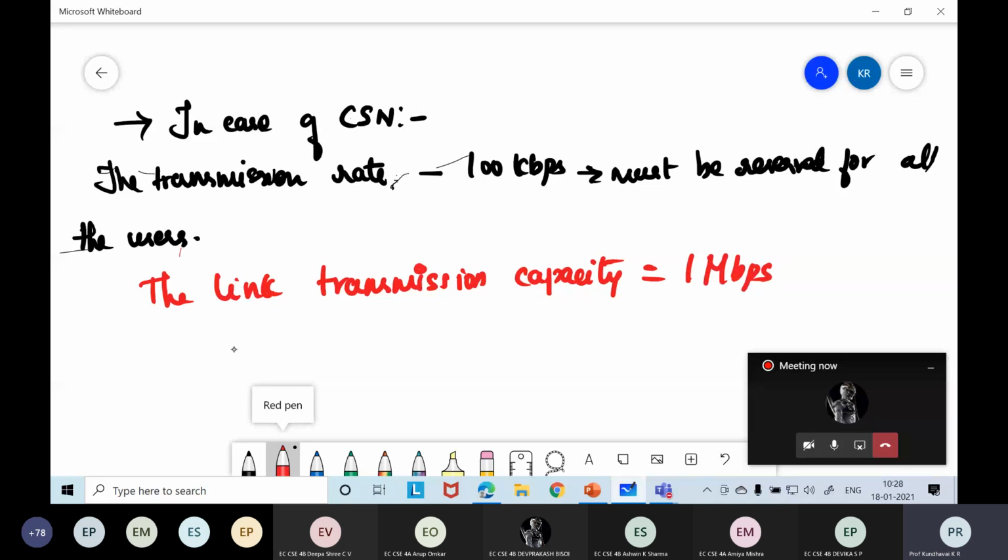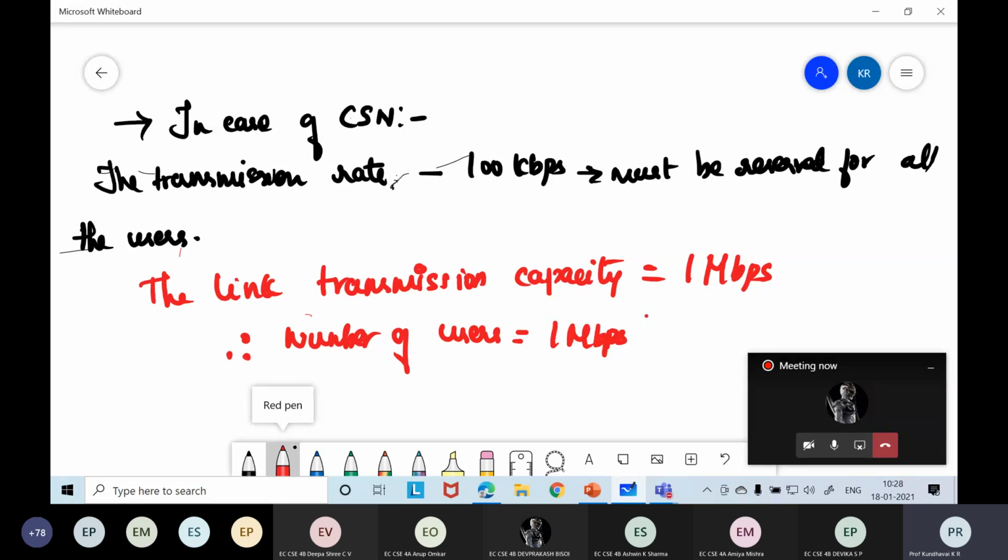If you want to find how many users can be on this particular circuit switched network, the number of users is 1 Mbps divided by 100 kbps. 1 Mbps is 10 to the power 6, and kbps is 10 to the power 3.